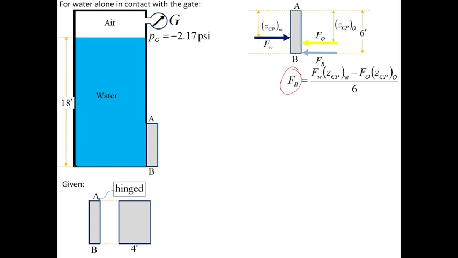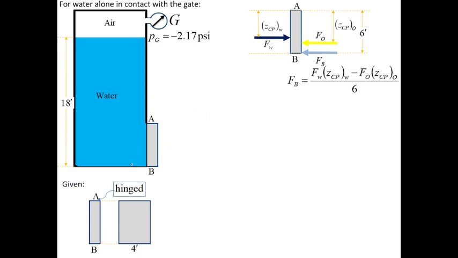So we start with finding the force due to water. To start, we consider water acting on the gate. For water alone in contact with the gate, we disregard the oil on the right hand tank.